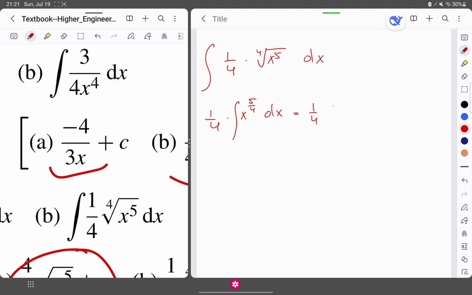It will be 1 over 4 times x to the power of 9 over 4 over 9 over 4 plus c. It will be like 4 times 9, 4 x.